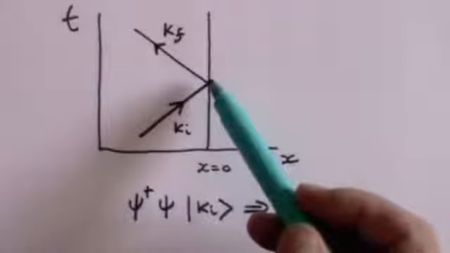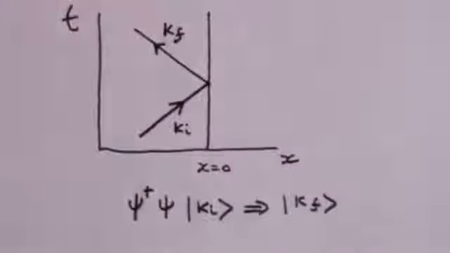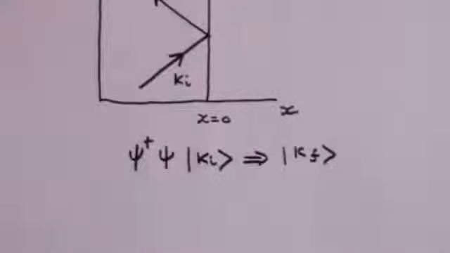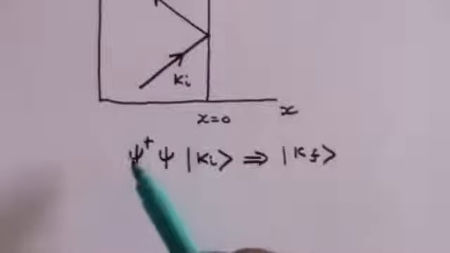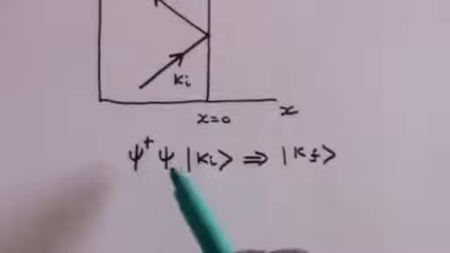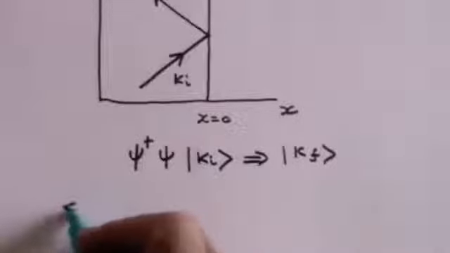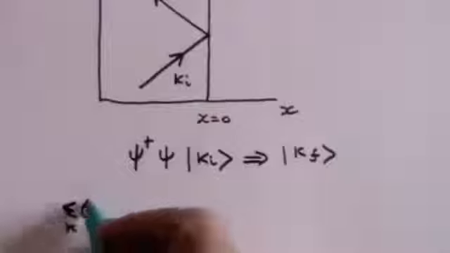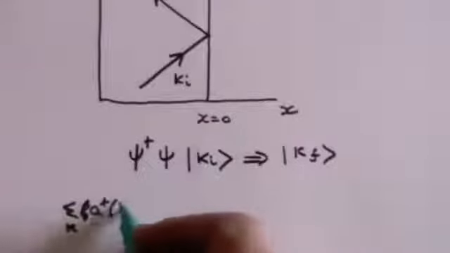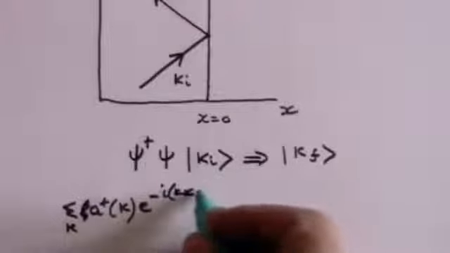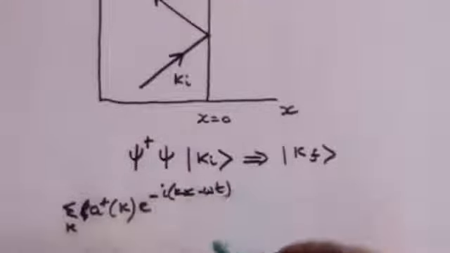The incoming particle has been annihilated, the outgoing particle has been created. So if we put that in terms of the mathematics that we developed last time, what we can say is that this term, the psi dagger psi, will be, of course, the sum over k of a plus k e to the minus i(kx minus omega t).